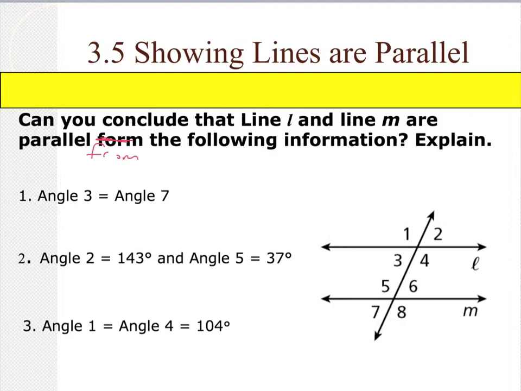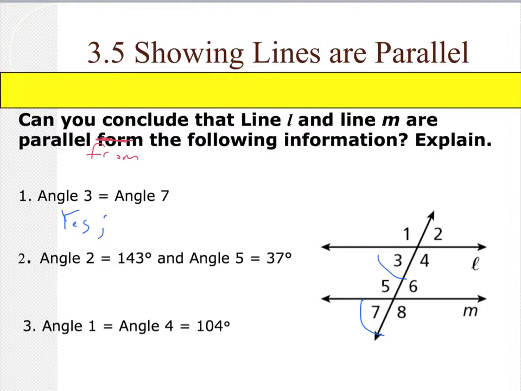All right, so if we look at this very first one, it says that angle 3 is equal to angle 7. If we look at those two angles, do we know that L and M are parallel? Yes, we do. And our explanation is going to be the theorem that we know of. Because 3 and 7 are congruent, what type of angles are those?